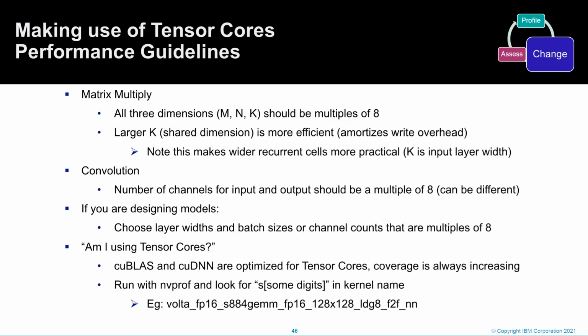And if you are not sure that you are using the tensor cores because the performance looks the same, you have to check for the Volta FP16 S884 gemm kernel name using the NV profiling output, and then you are sure that you are using mixed precision.